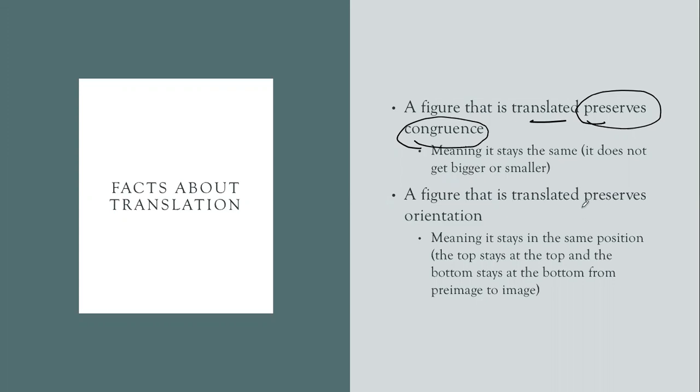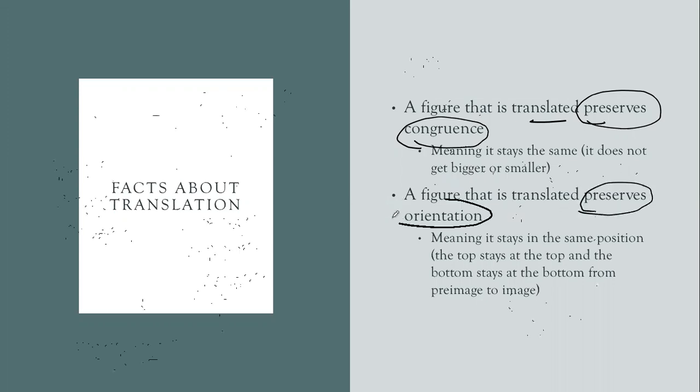The second thing is it preserves orientation. That means when I moved, did my head become my feet? Did my feet become my head? No, I stayed in the exact same spot, like all my body parts. So therefore it preserves orientation. So translation preserves congruence and preserves orientation.